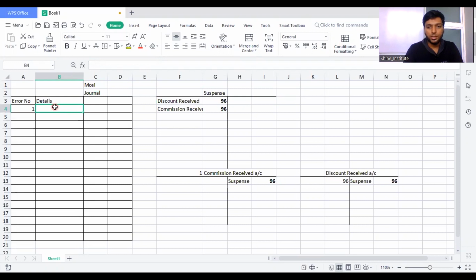Here you can see that suspense account is debit.